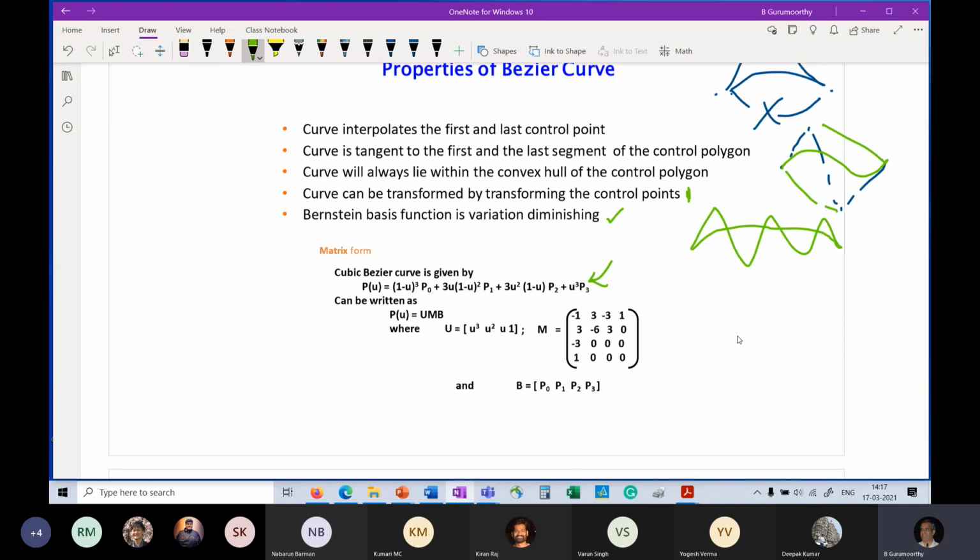I showed you that if I have P as a weighted combination of a set of points Pi, where the only additional constraint I have is that the weights add up to 1, we were able to show that a transformation T, which involves, let's say, a rotation and a translation, is equivalent to me doing this.